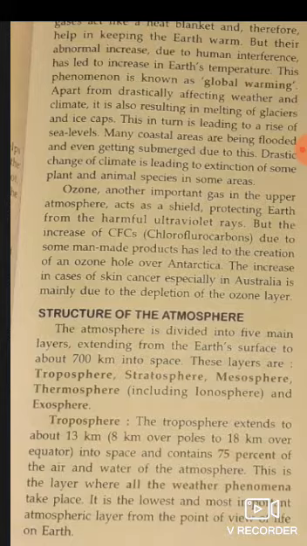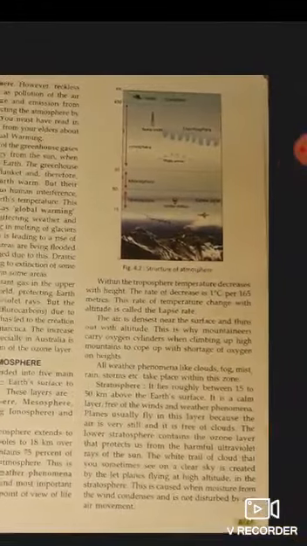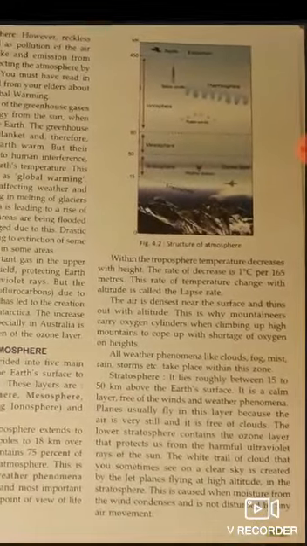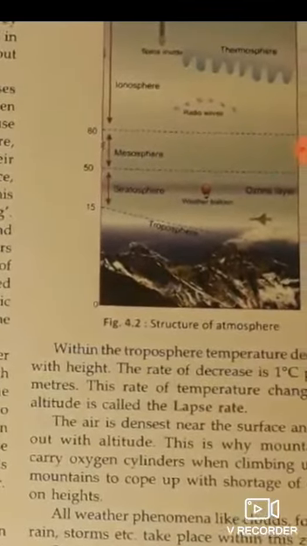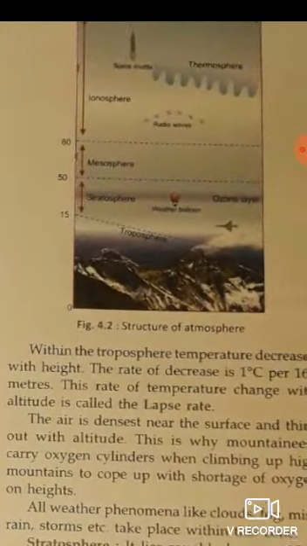This is the layer where all the weather phenomena take place. It is the lowest and most important atmospheric layer from the point of view of life on earth. This layer is very important for life on the earth. You can see here different layers of the atmosphere in this diagram.